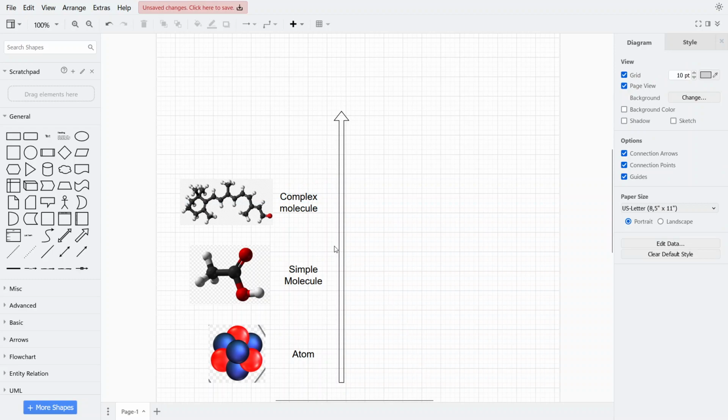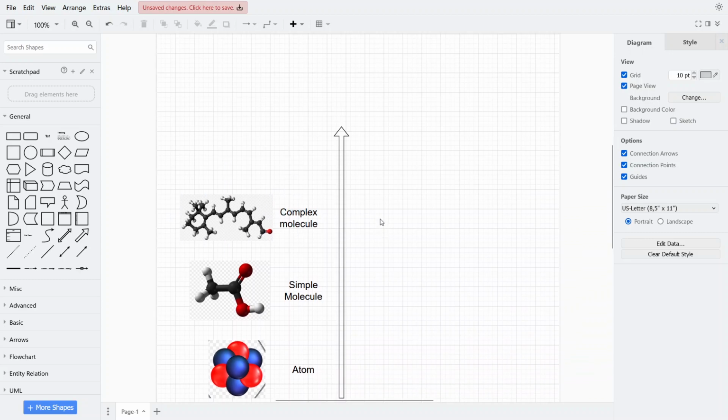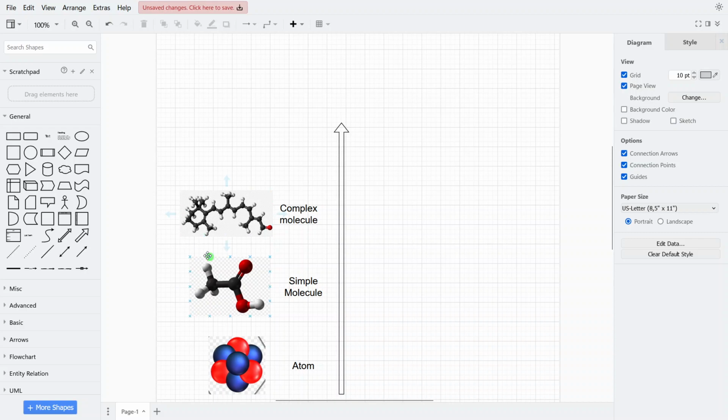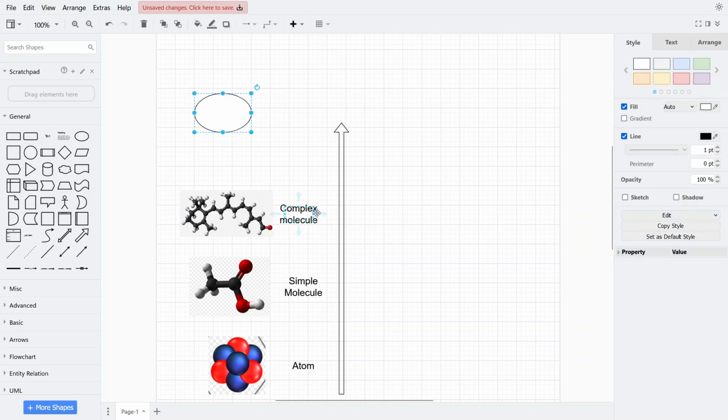So it goes like this. Then something happens. So you have all kinds of molecules here. I need to chill, I'm getting fidgety.